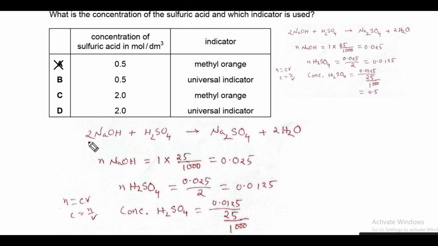From the equation the ratio is 2:1, so moles of sulfuric acid is moles of sodium hydroxide divided by 2, giving 0.0125 mole.